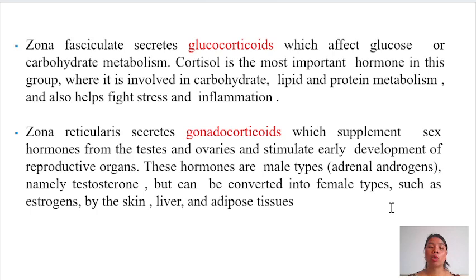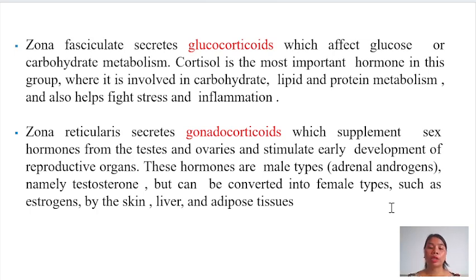Next, the zona fasciculata secretes glucocorticoids, which affect glucose or carbohydrate metabolism. Cortisol is one of the most important hormones in this group, which is involved in carbohydrate, lipid and protein metabolism, and also helps to fight stress and inflammation.